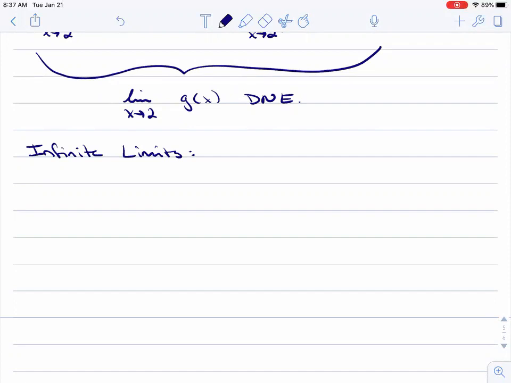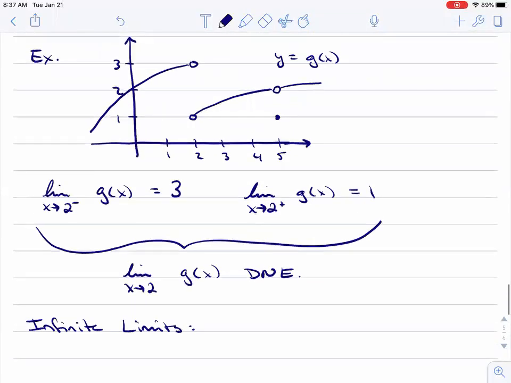The limits we just looked at don't exist because the two sides end at different points. But when we've got infinite limits, we've got these vertical asymptotes. The first function we'll look at might look something like this. They're going to infinity, and that's why they don't exist.